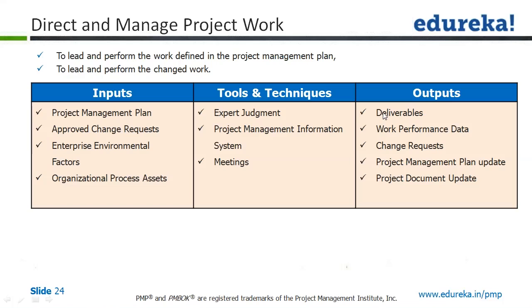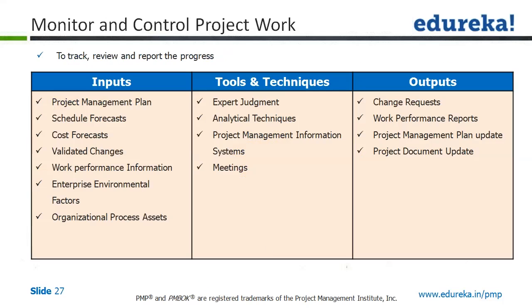Remember, when the phrase project management plan updates comes in, what you need to think is that all the subsidiary plans will get a small update because of the changes done in this process. So project management plan updates means all the plans we are going to update. And this would also result in a project document update. That means we'll be updating all our documentation with the changes that are part of direct and manage project work. So this is what was covered in this process area.